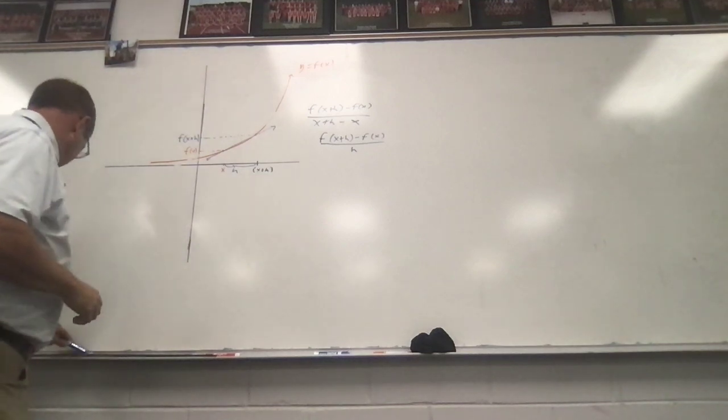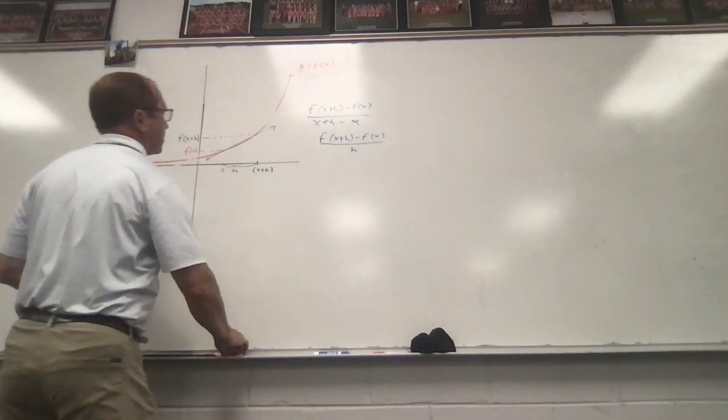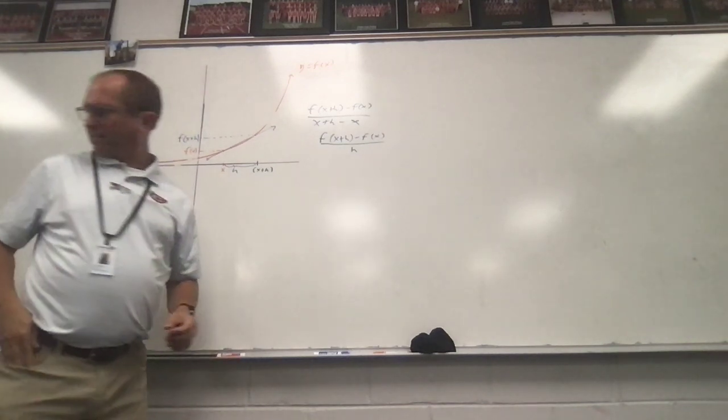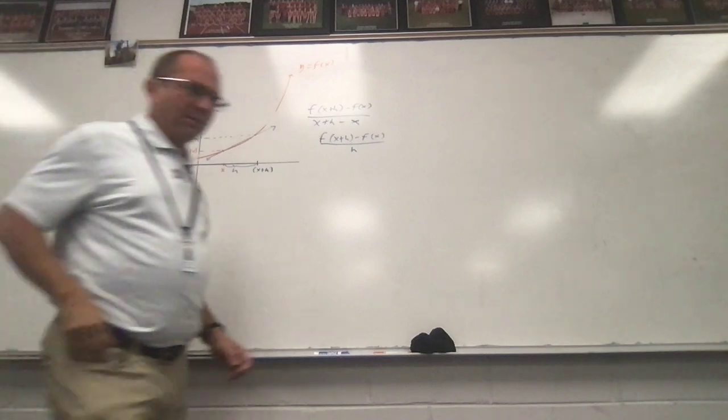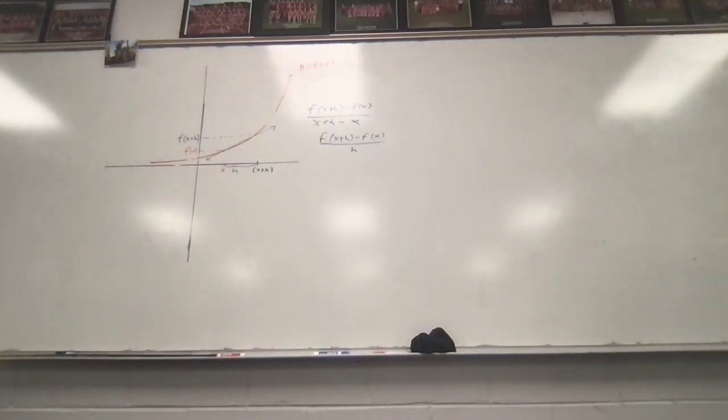So what we could do here is say, okay, I want to pick, and I need a different color marker here. Excuse me there, sir. I'm going to pick another point that's a little bit closer in.